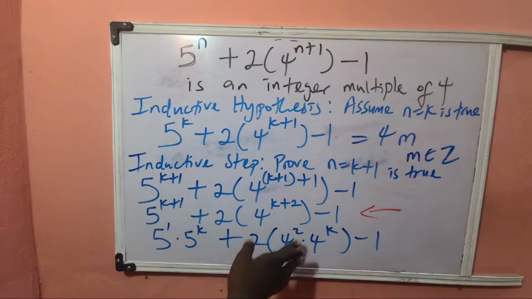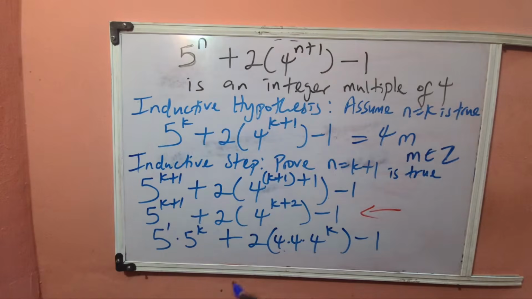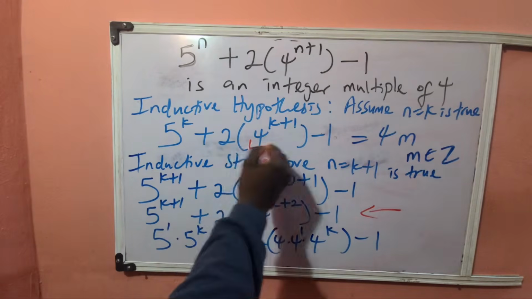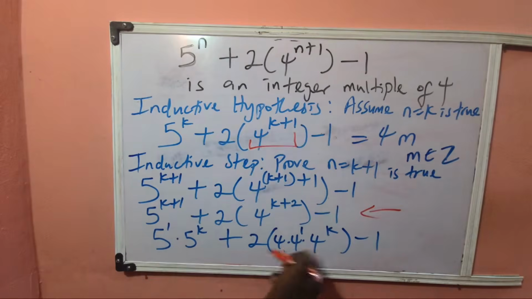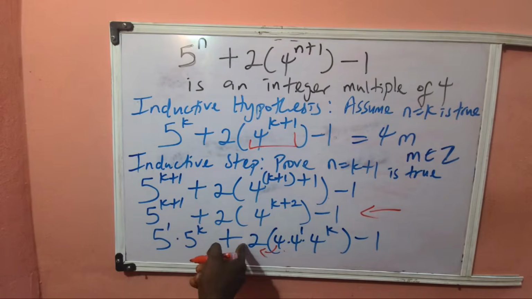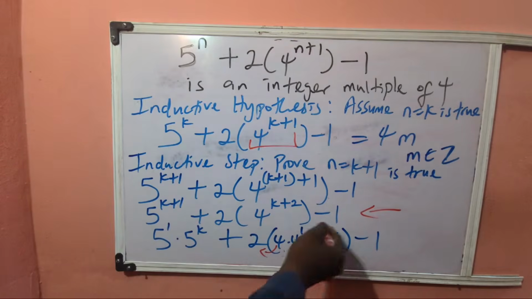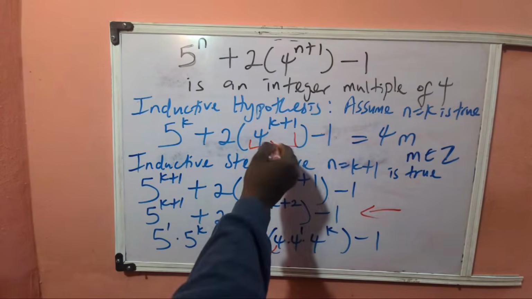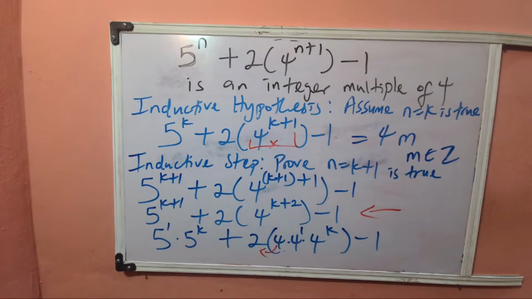And then also, I could write it as 4 times 4, because 4 raised to the power 2 is the same thing as 4 times 4. The reason why I'm doing this is that you see this 4^(k+1), I want this place to look like that. So I want to bring out one of the 4 to multiply 2, but I want to leave 4 raised to the power k plus 1 inside, so that I will be able to get a semblance with what we have here.